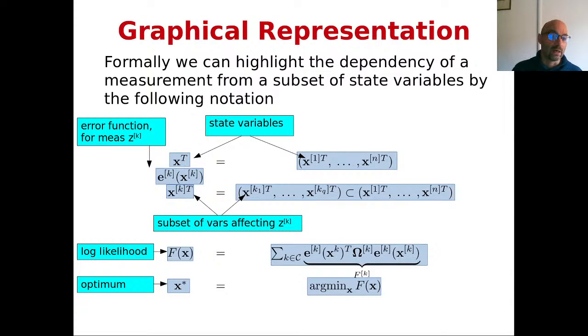The generic error function, E, I call it EK to denote that this is the kth error function, will depend on a subset of the variables of the state, not all of them, which will only be xk1, xk2, blah, blah, blah, xkq, just the last one of the list. And of course, this set of variables will be a subset of the total number of variables.